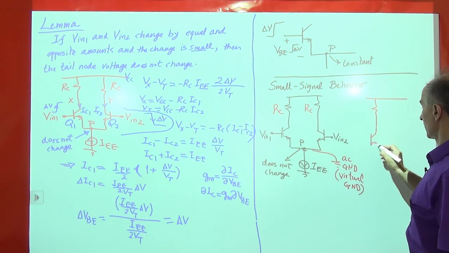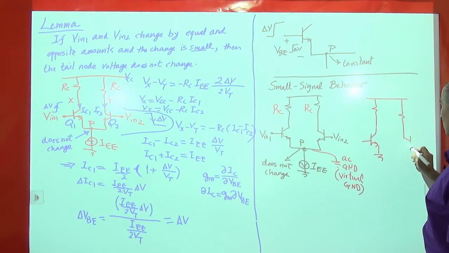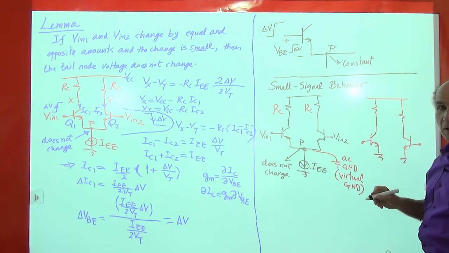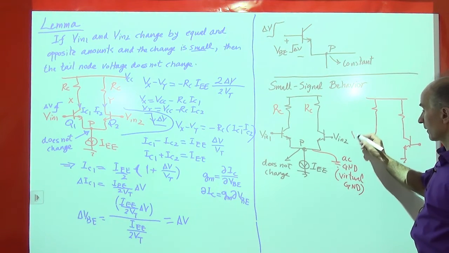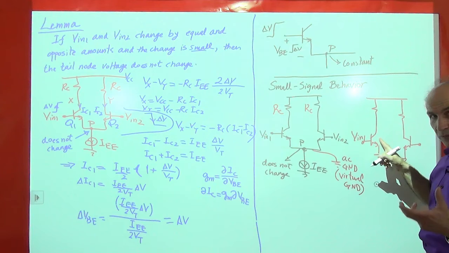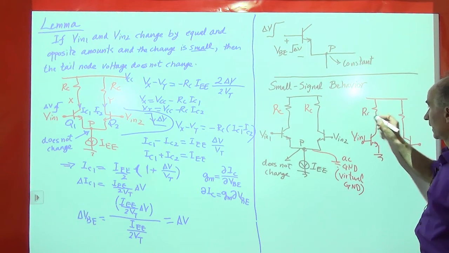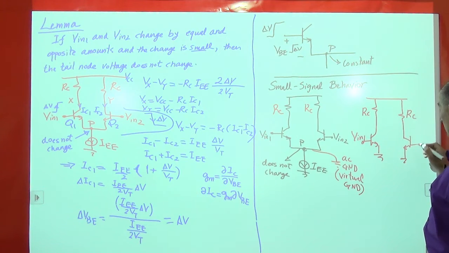This is really the small signal model, but I'm sort of blending the small signal model with the transistor symbol as opposed to the small signal model of the transistor. Don't worry, we'll get there, but this is just a simple step in that direction.